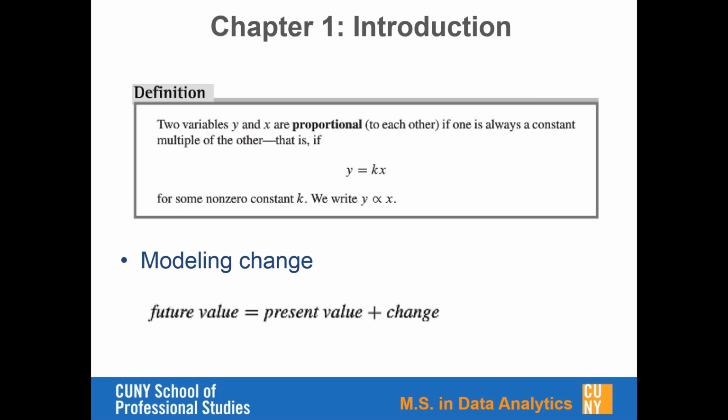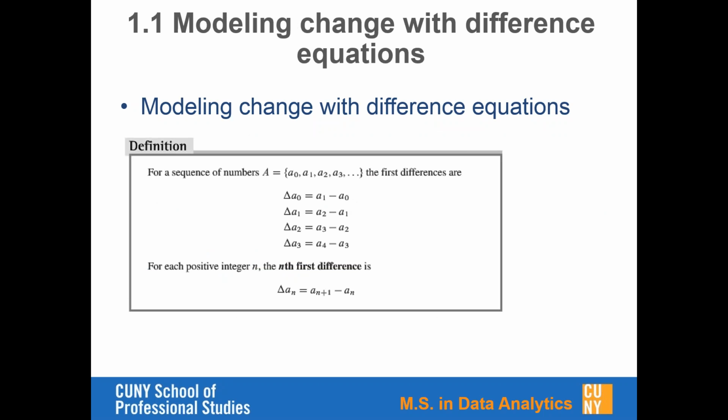It's really just future value is equal to present value plus change. And then if we continue for a sequence of numbers, A is a set of A0 all the way to AN. And then the first differences are delta A0 is A1 minus A0, delta A1 equal to A2 minus A1, so on and so forth.